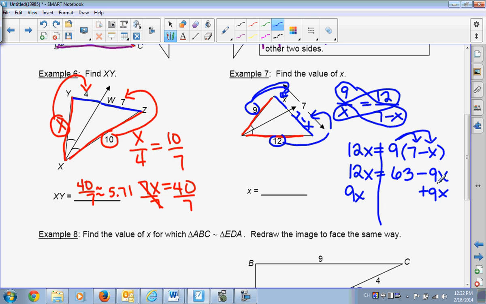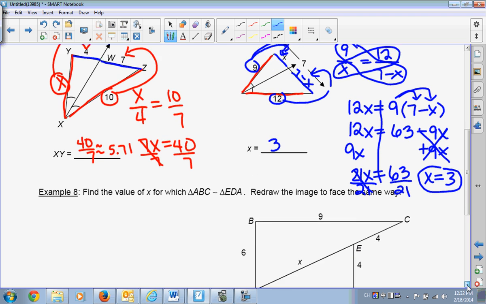There we go. Cancels right here. So 12x plus 9x is 21x is equal to 63. Bring down your 63. And then divide by 21. And x is 3. So the only part that was different about this problem is we had to find this side here, which is taking the whole and minusing the part, 7 minus x.